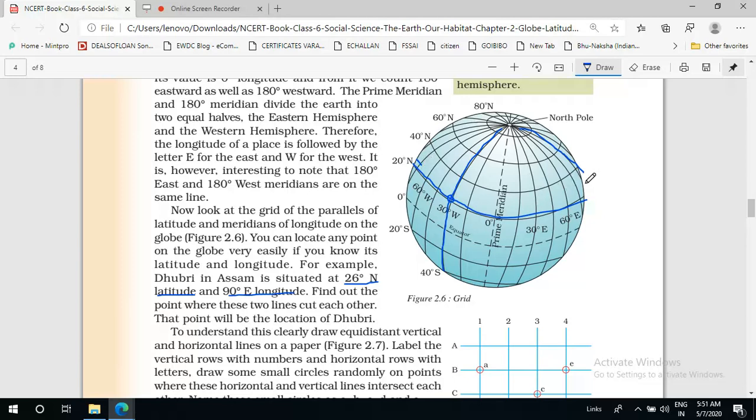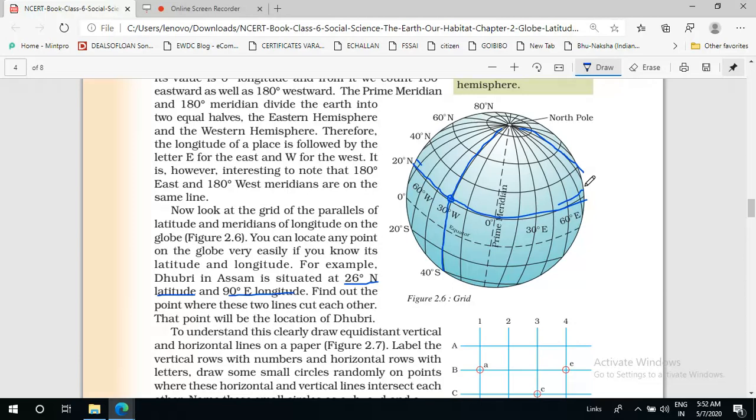The point where both these cut each other, at that point we can locate the place Dhubri. So it is not visible in this picture, still we can see that they cut each other at this place, and this is the location of Dhubri.